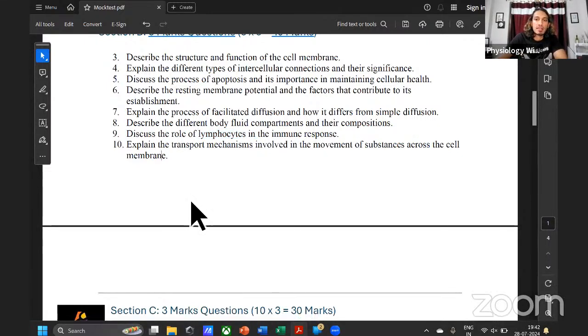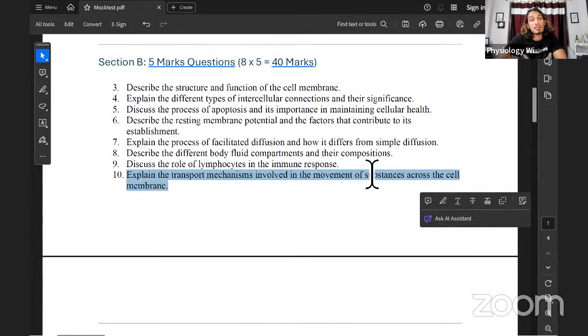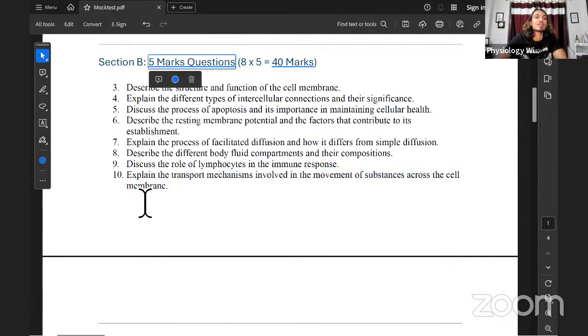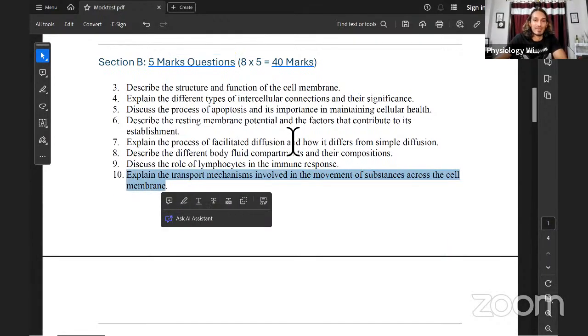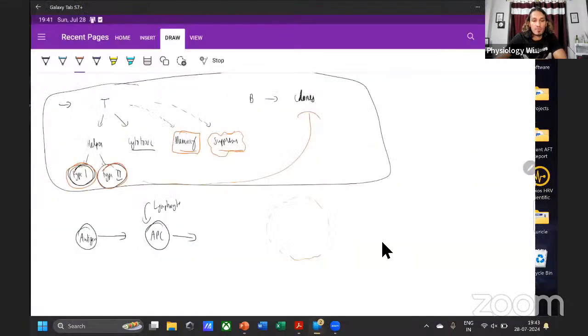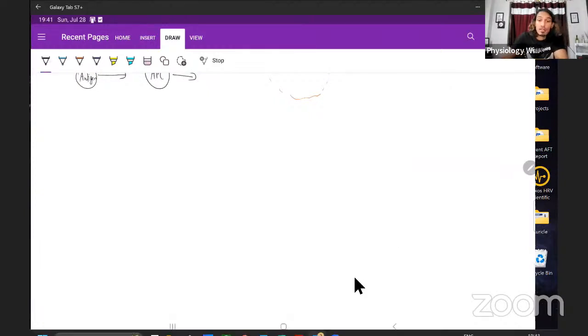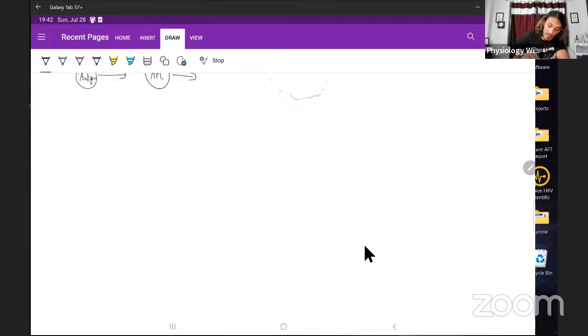Next, explain the transport mechanisms involved in the movement of substances across the membrane. This is a very huge answer, but since it is a 5-mark question, you have to answer according to that. So here, again, you have to have a proper framework. You can talk about transport across the cell membrane.